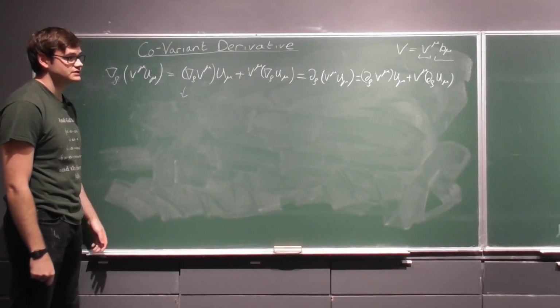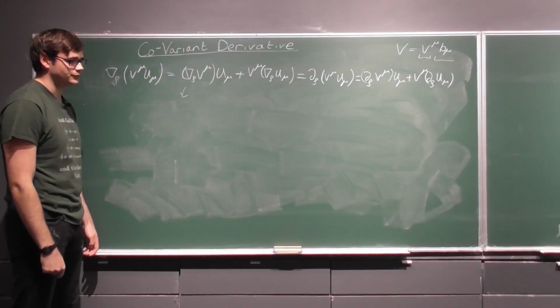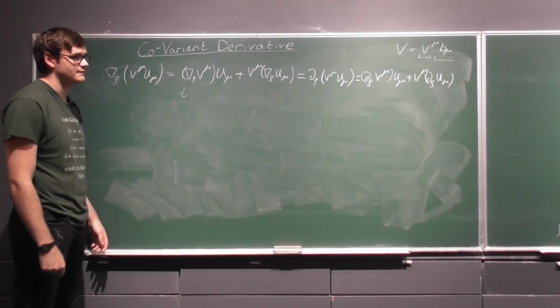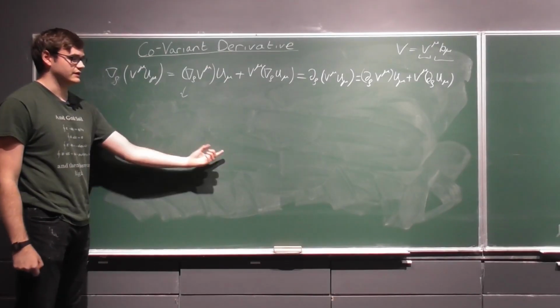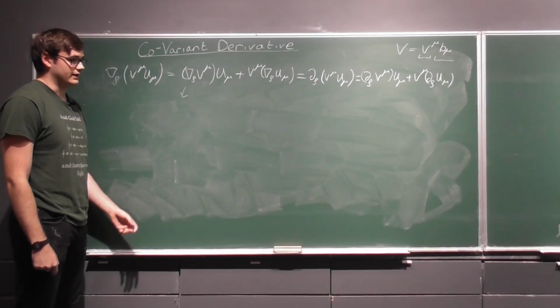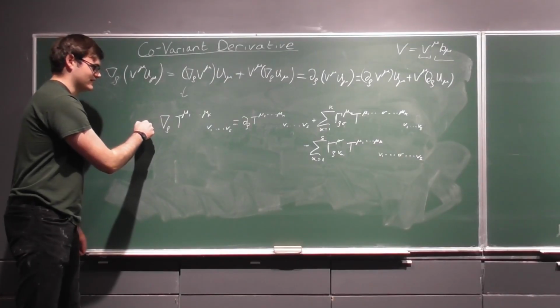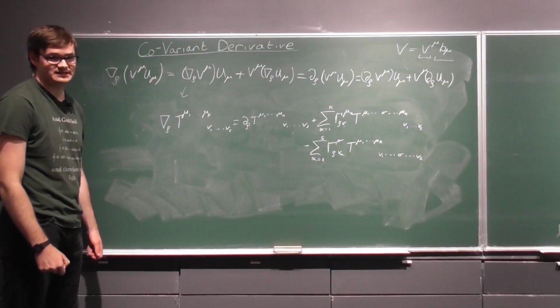The ones with uppers will give you a plus the gamma symbol, and any lower index will give you a minus with that. So overall, it's going to look like this, which is quite a mess.